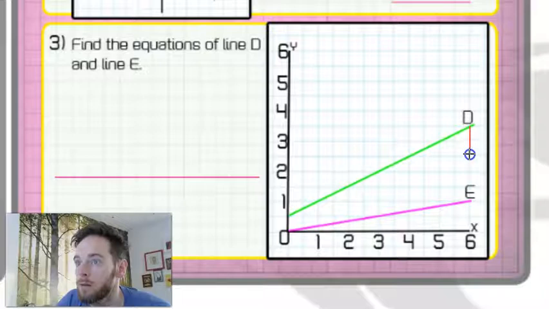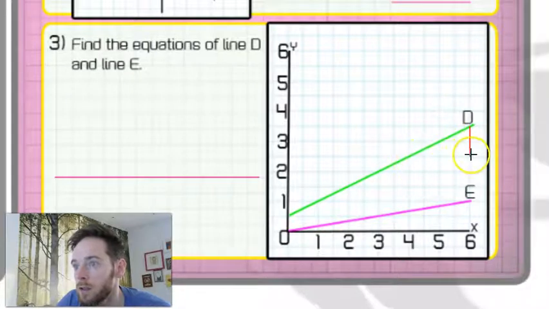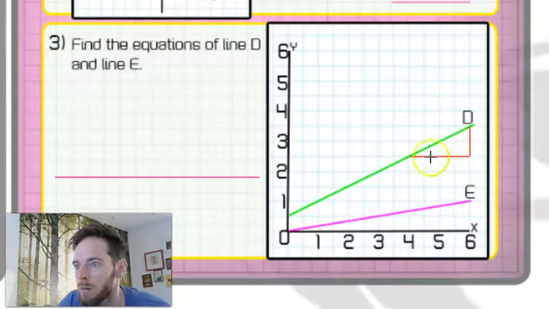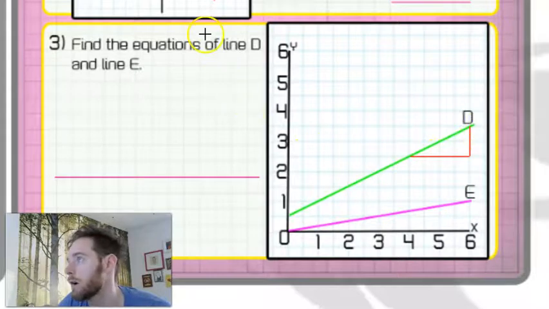So if we go down here from these coordinate values, let's choose that one and that one. What we've got there is a difference between 3.5 and 2.5 of 1, and then 1 divided by 2. So that gradient is a half.